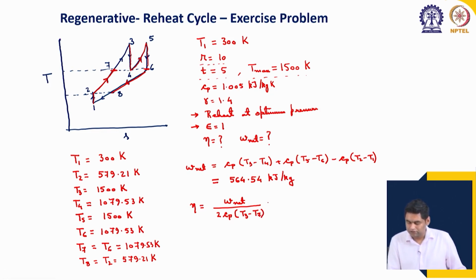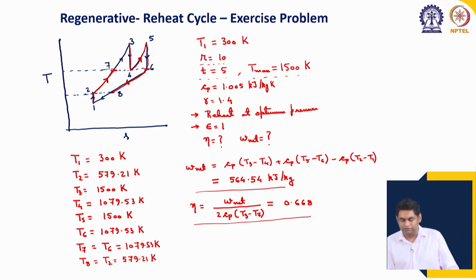Okay. So, we know all the values of the temperature. So, this comes out to be 0.668, okay, or 66.8%. So, the net work output does not change, but the efficiency, if we compare to the previous cases, is highest as compared to all the previous cases.